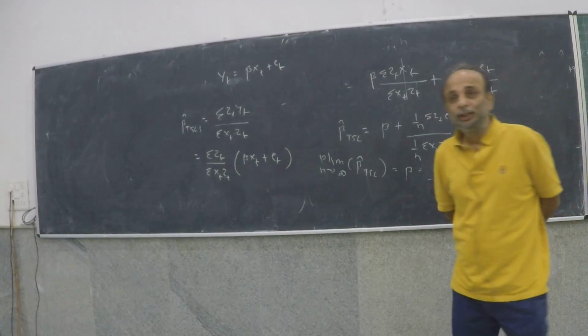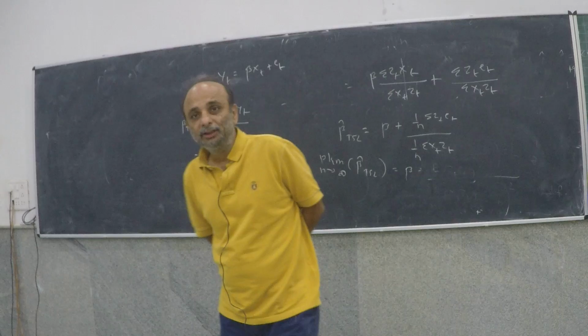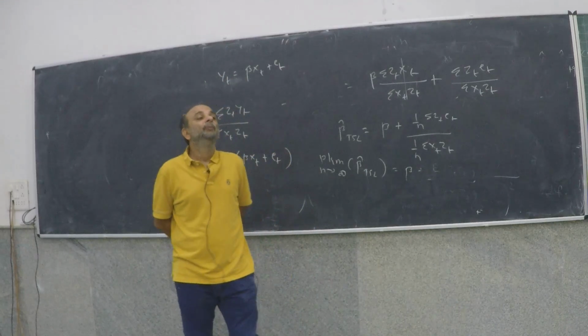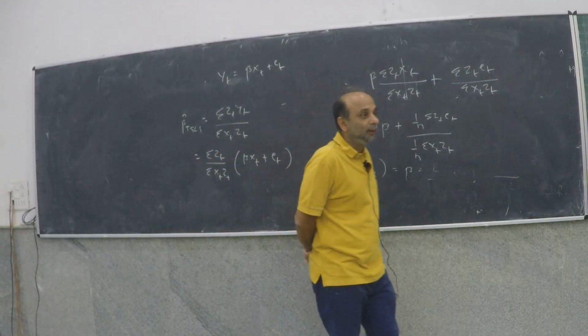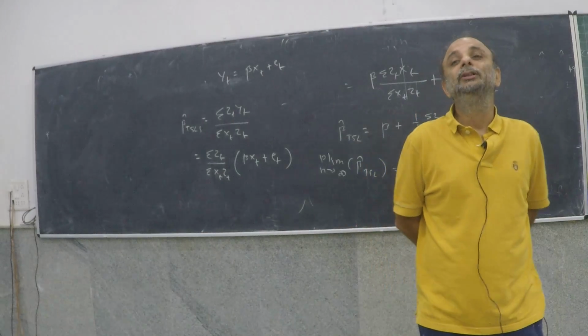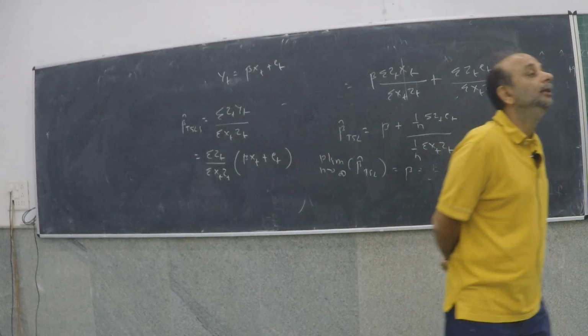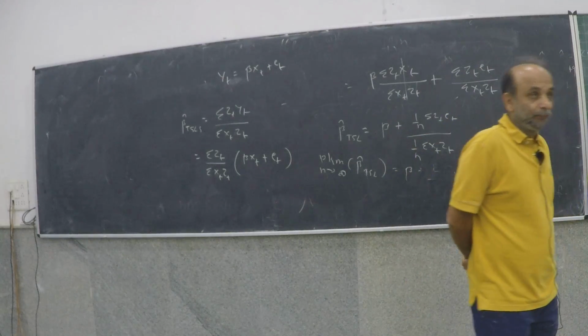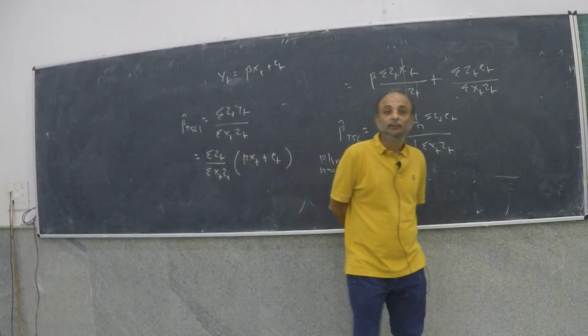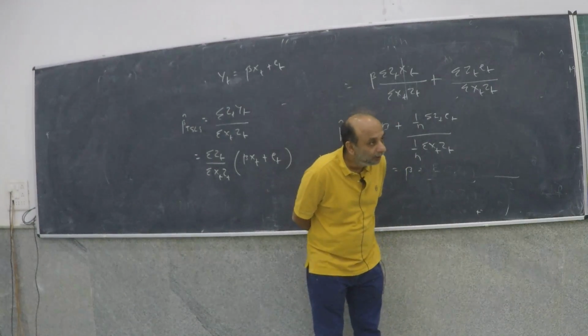We thought of two-stage least square estimators, TSLS estimators, as another way of thinking about instrumental variables, and what we have shown is that both will be identical and consistent, unlike OLS. Is this clear, friends? Is there something that you need me to clarify?